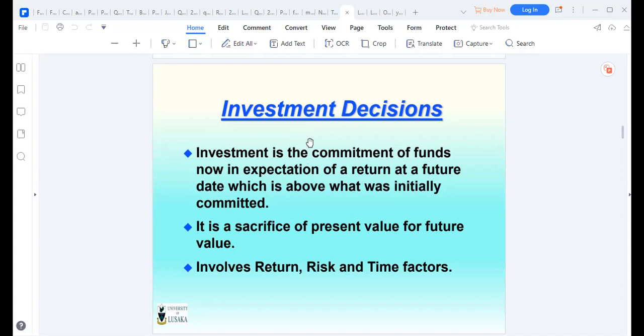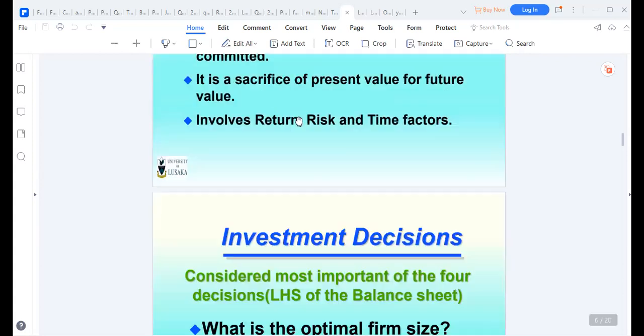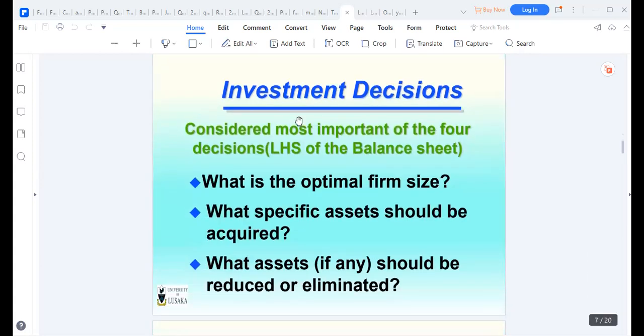So we're going to look at a manager who's going to look at the sacrifice of investments now, which we call the present value. So what are concerned under financial investment decisions? The manager wants to know what the optimal size of a firm is, what specific assets must be acquired, if any, what assets should be reduced or eliminated.